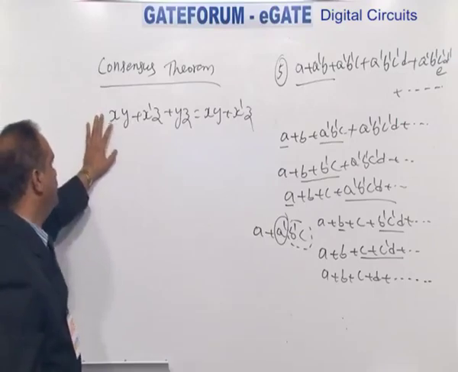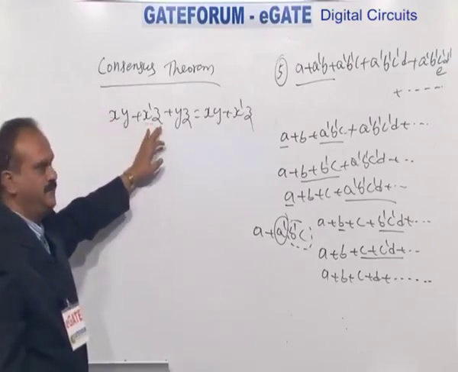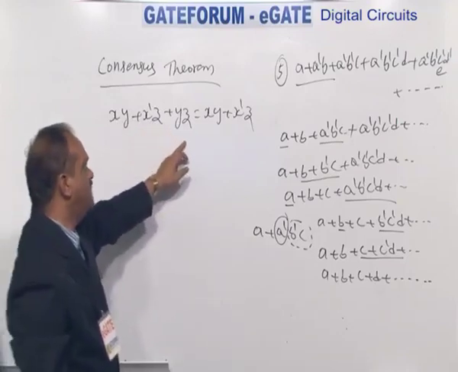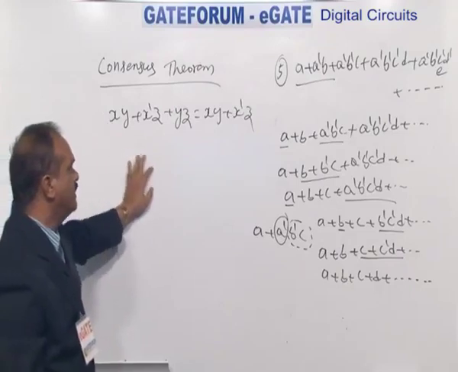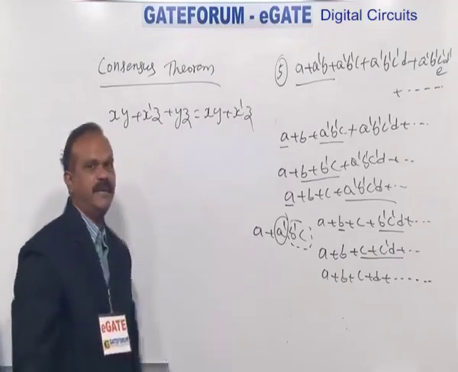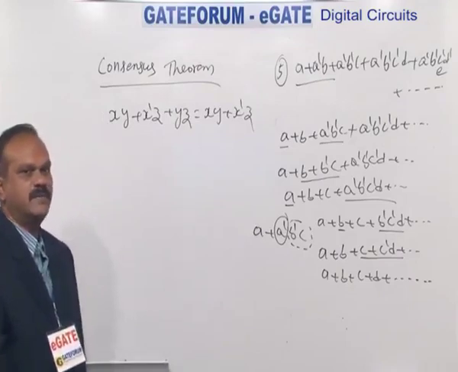The multiplication factor of x is y, the multiplication factor of x bar is z. And there is a product term yz which comes from the multiplication factors of x and x bar. Then that product term can be directly eliminated using the consensus theorem, and simply you can write xy plus x bar z.